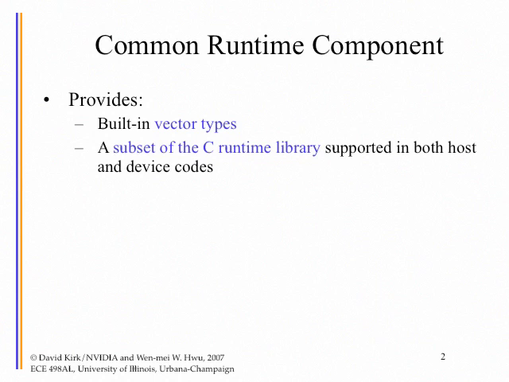In some cases this taps into real hardware that can do the 3 dimensions in the same clock cycle and increase throughput. There's also a subset of the C runtime library supported in both the host and device code. So we'll quickly go over a few of those.